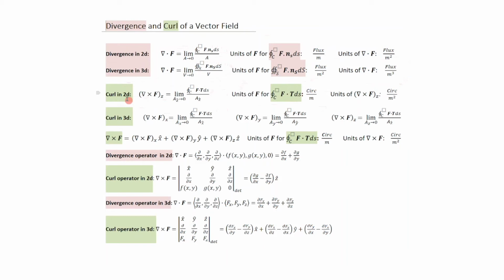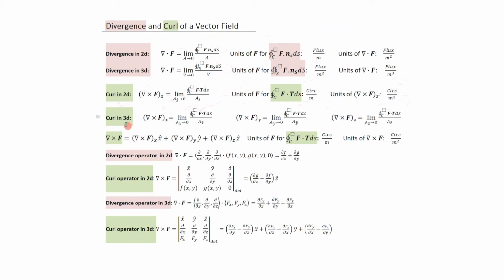Curl in 2D, of course, we have to formulate the problem as a 3D problem in order to be able to make use of the curl of a vector field. But we can do that, and this is what we would expect to see, even though normally in 2D there is no such thing as a Z component. So this is the definition. Units of F would be circulation per meter. Units of curl would be circulation per meter squared.